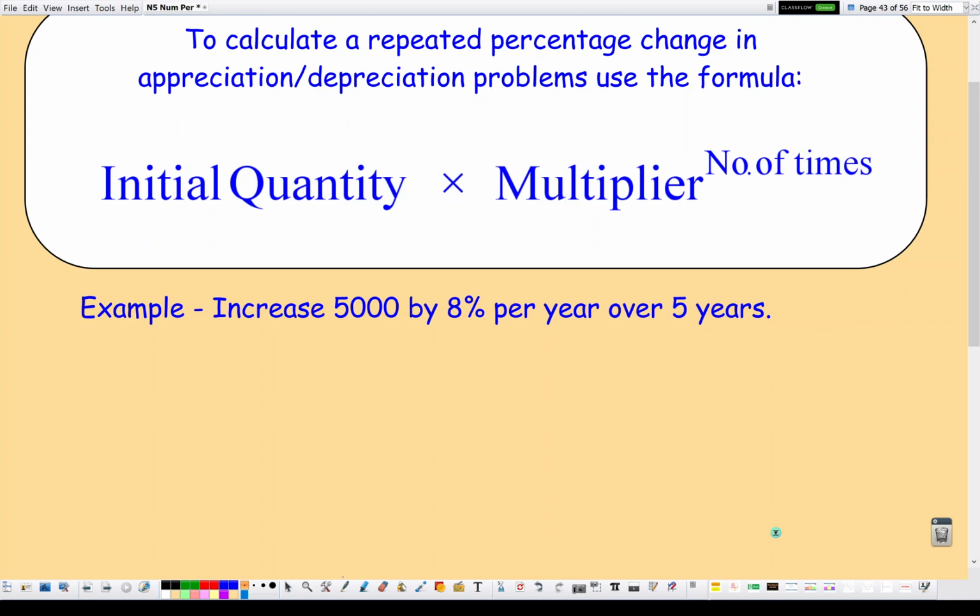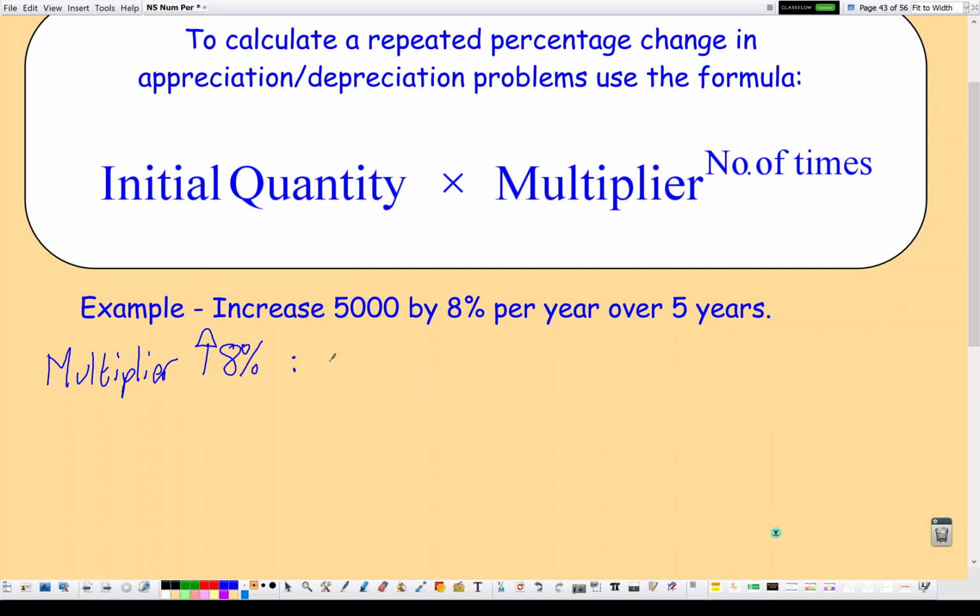Now the bit of work in these questions is actually getting this multiplier first of all, and it's the same as we did last week. So it's finding the multiplier, in this case for an increase by 8%.